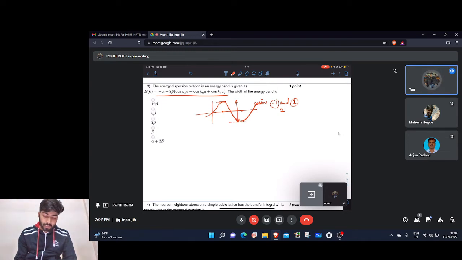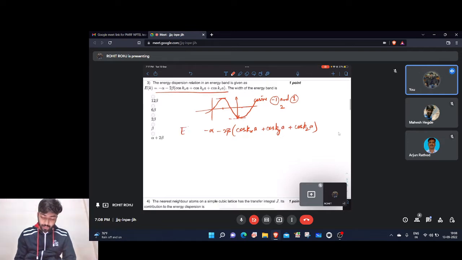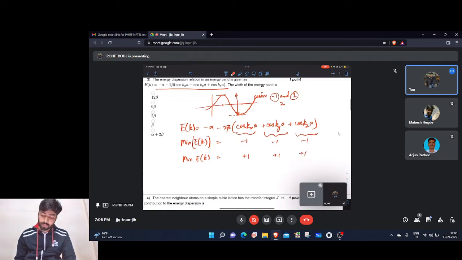Now in this case, E of k is equal to minus of alpha minus 2 beta times cosine kxa plus cos kya plus cos kza. Similarly, in this relation also we can say that the minimum value E of k can take will be when cosine of kxa is minus 1, cosine of kya is minus 1, and cosine of kza is minus 1, and the maximum of E of k would be when cosine is plus 1, and plus 1, right?